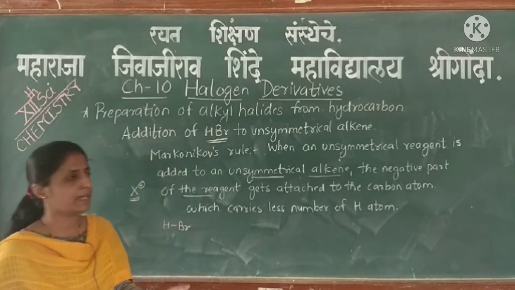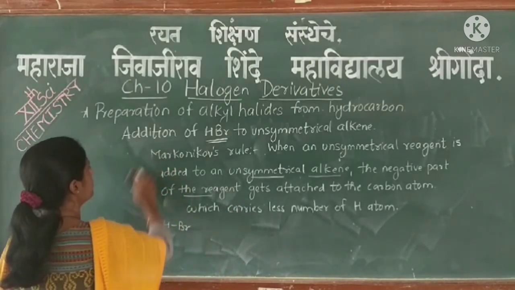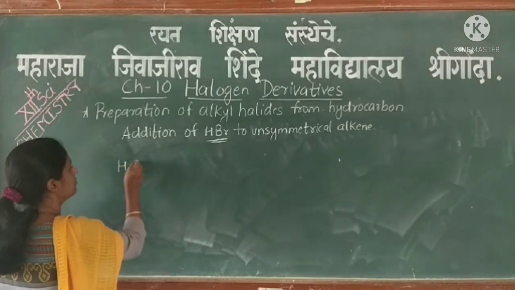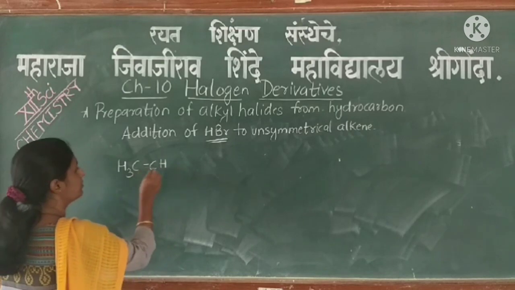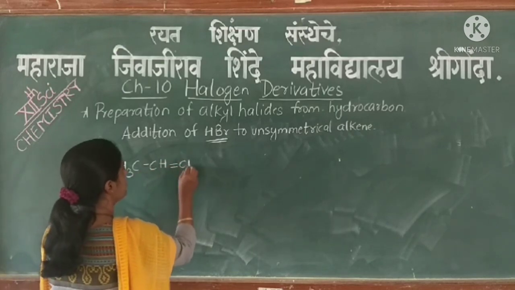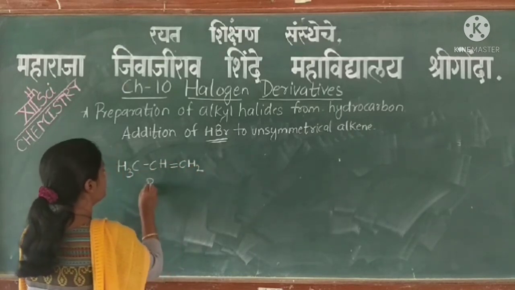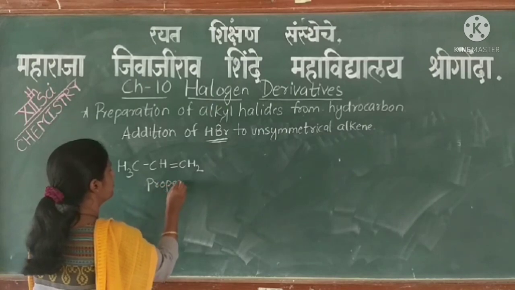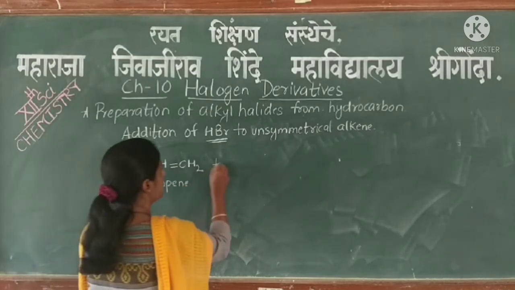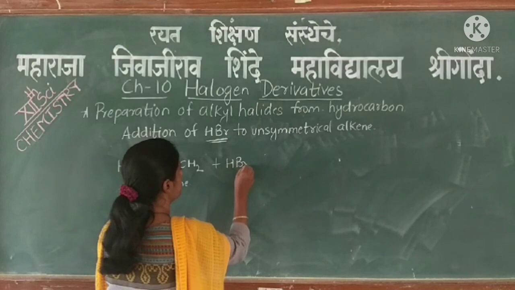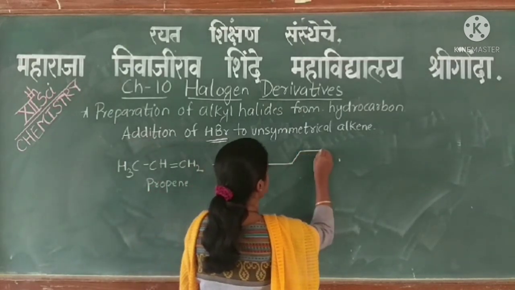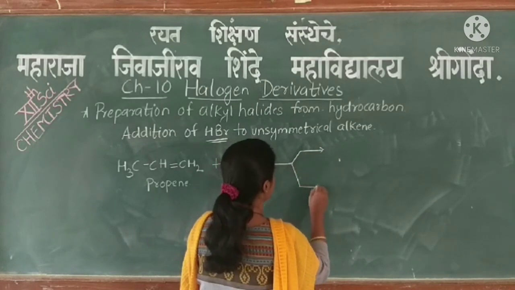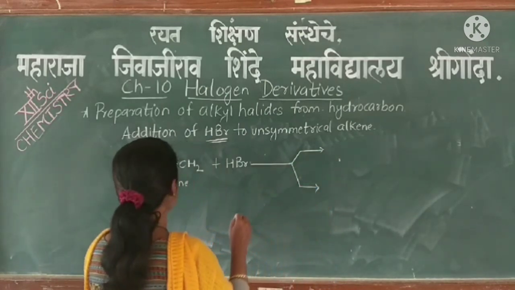So let's see an example of this. Propene. This is propene. It reacts with HBr to give you two products. Let's write the product.